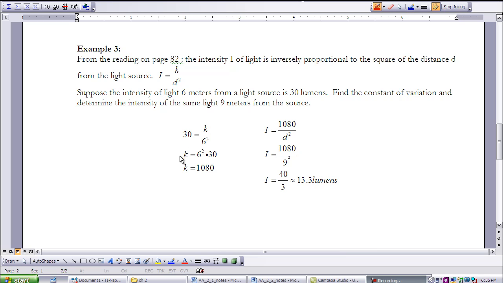So we solve for k. 6 squared times 30 is 1080. So k represents 1080. So I equals 1080 over D squared. So now we're going to insert the distance 9 meters from the source. So 1080 divided by 9 squared is going to be 40 over 3, which is approximately 13.3 lumens.